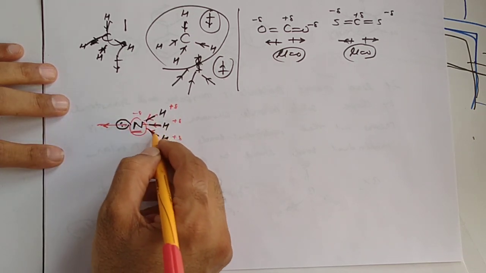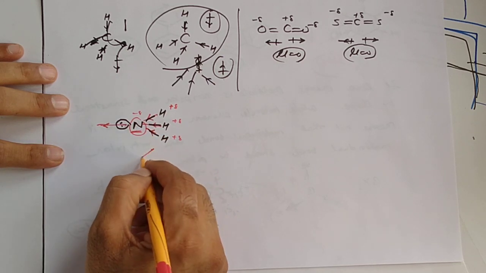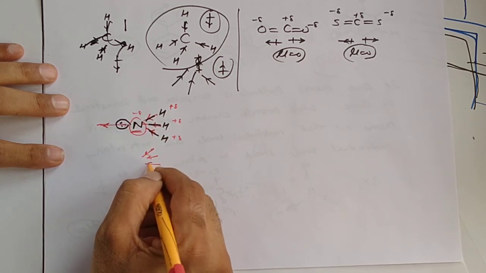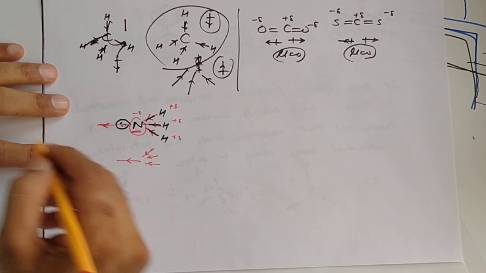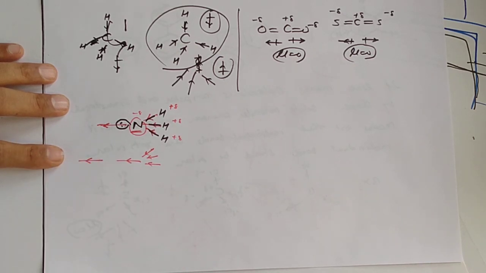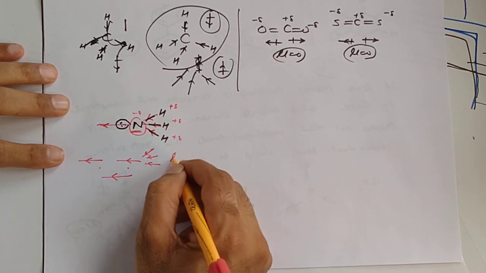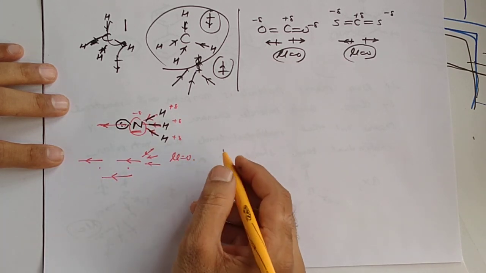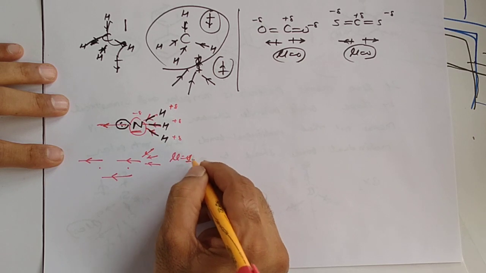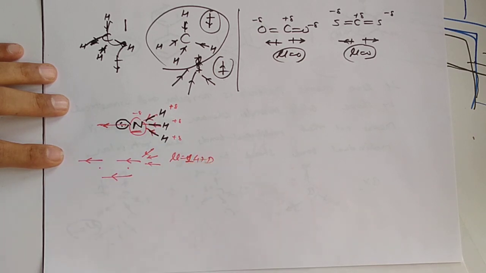These three are centralized on the nitrogen vector. So the average of this is on the left hand side. This one is also on the left hand side. So both in the same direction, so the dipole moment is higher, and here it is 1.47 D.